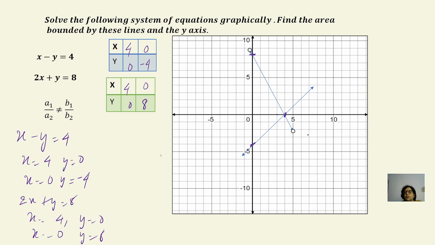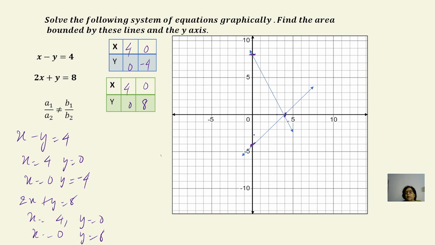The area of this triangle bounded by the y-axis and the two lines over here. The total distance from here, this is 4 units, 1, 2, 3, 4, and this is 8 units.